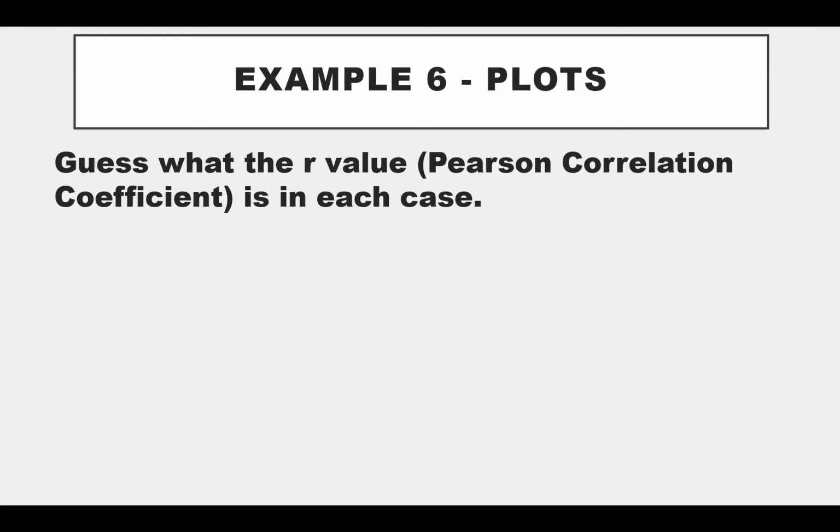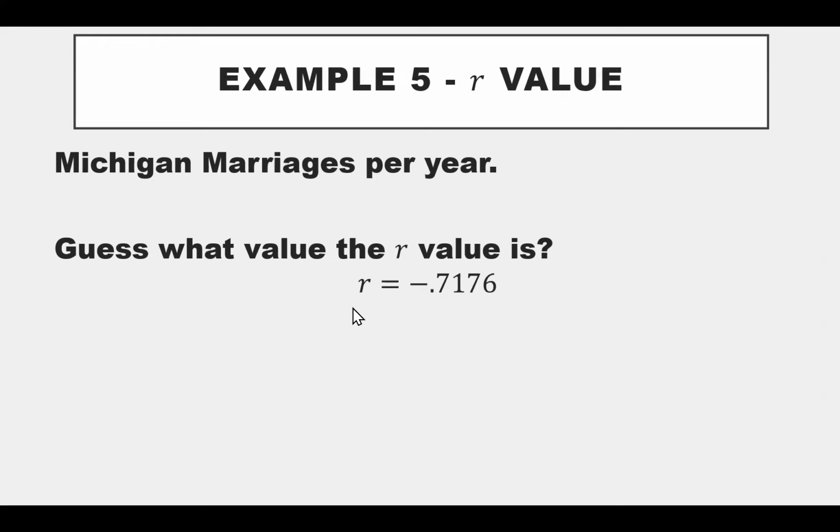And we can do that for lots and lots of other things. Okay. Notice that in example 5, that's all I was doing, just looking for the R value. Now, I don't expect you to be really super accurate on your R value.